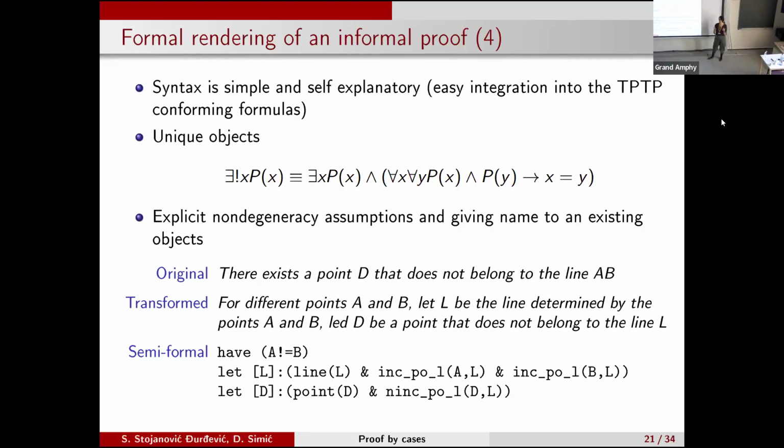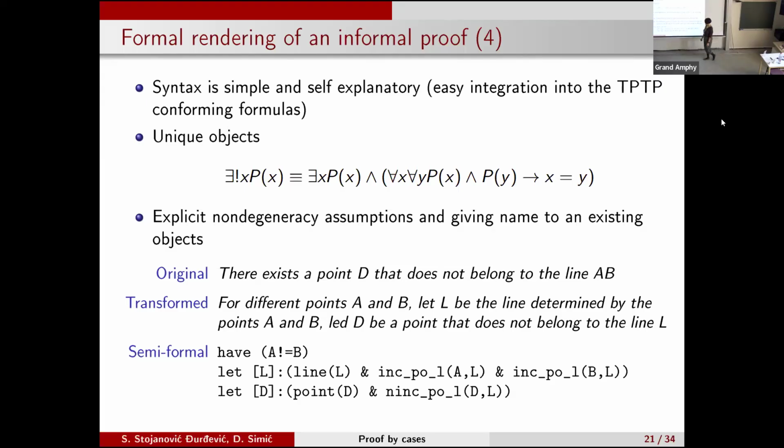I didn't really want to criticize everybody, but what I wanted to say is that this is present in all axiomatic systems. No matter how much somebody tries to fix it, something like this will always be present. So it is okay to use it in textbook proofs, but if we want to write it in a semi-formal proof, we need to say 2 points are different. We need to create a line L such that those points lie on that line.